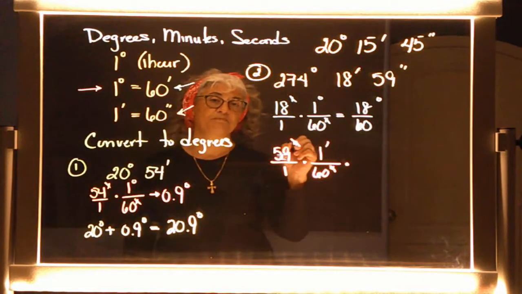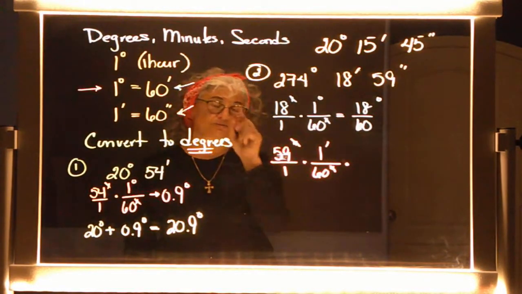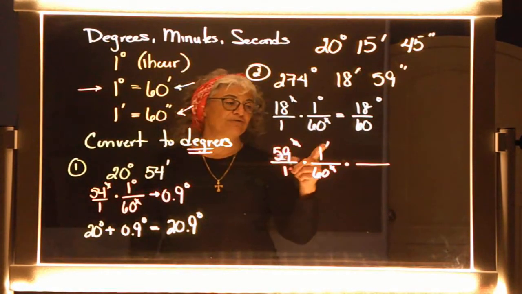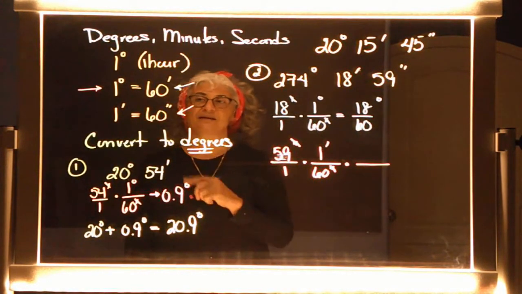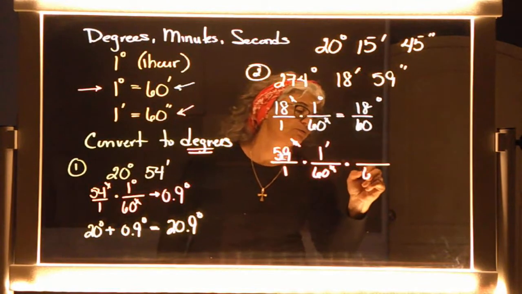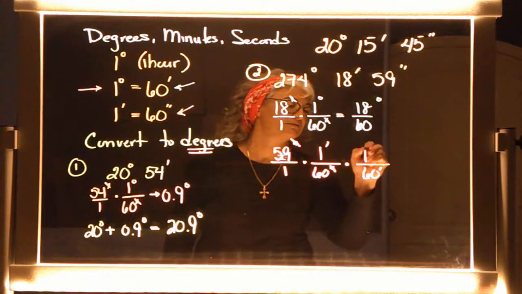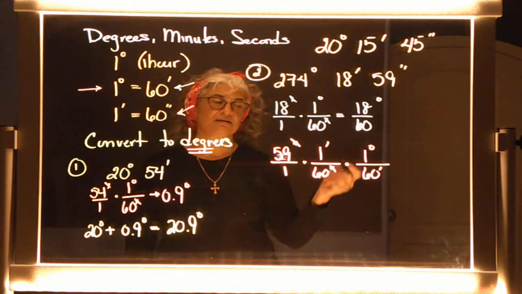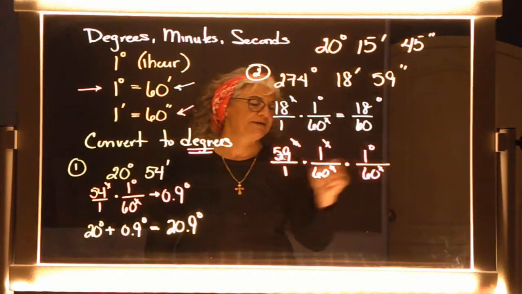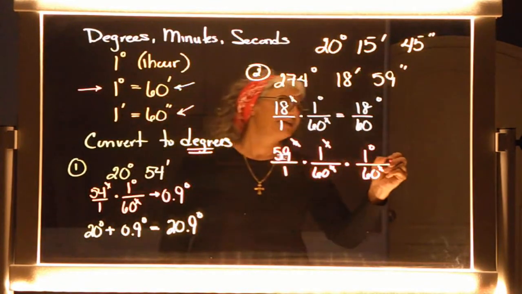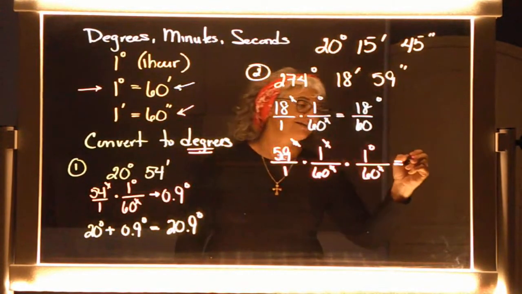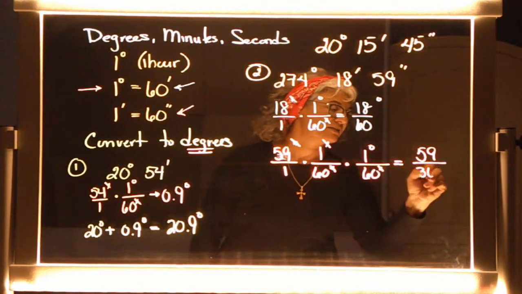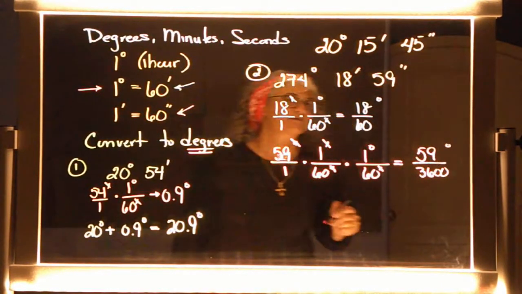But I don't want to be in minutes, I want to be in degrees, which means you've got one more conversion to do. I need to go from minutes to degrees. And I already have that conversion. We've worked with it twice already. And we put minutes on the bottom. Why? So we could cancel minutes from the top and minutes from the bottom. And now I've got my seconds converted into 59 over 3,600 degrees.